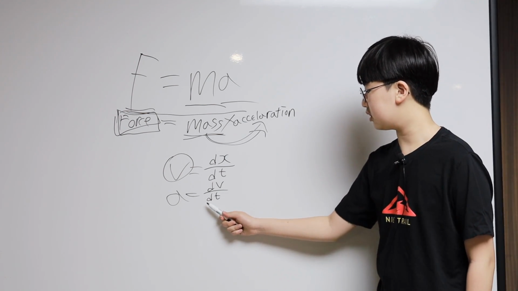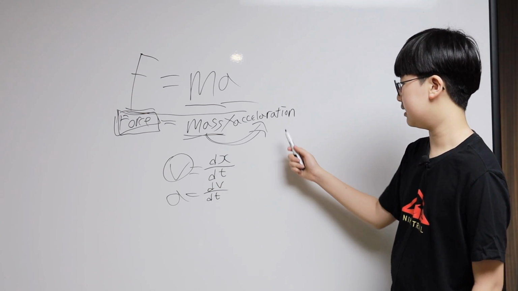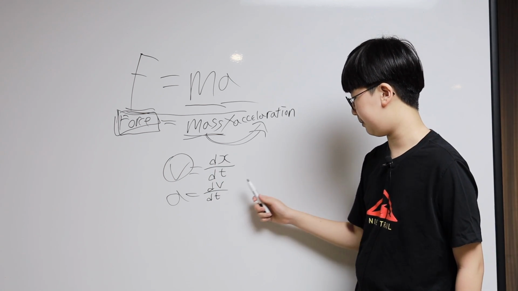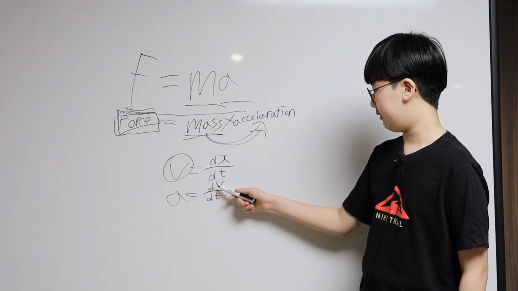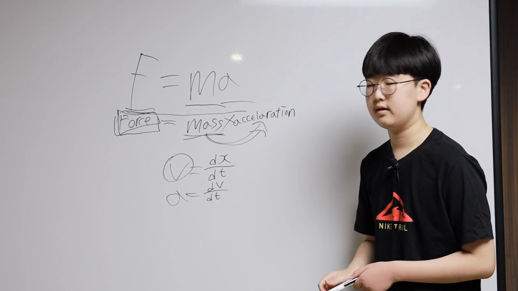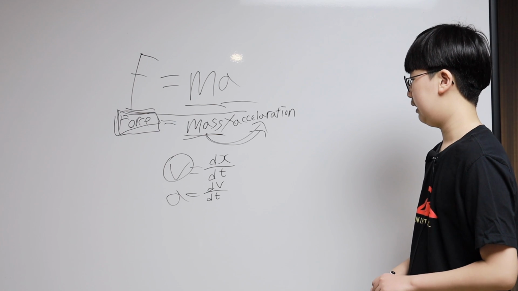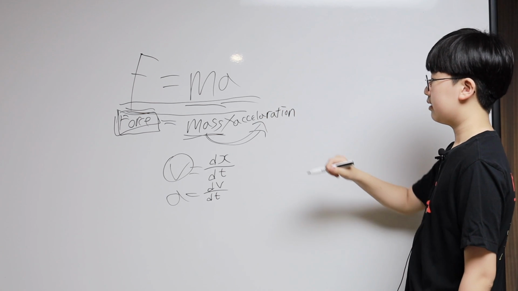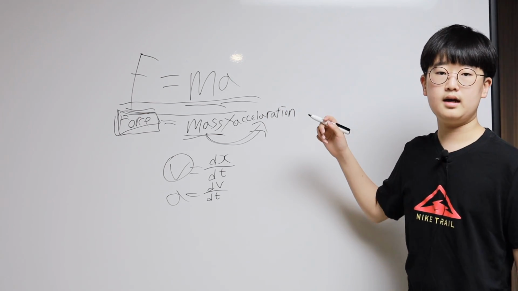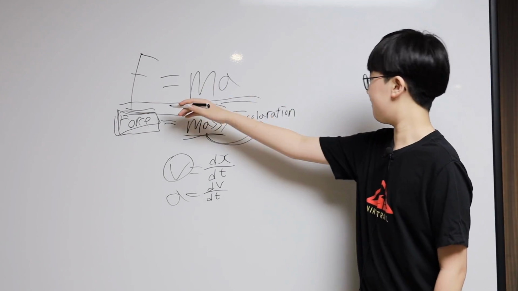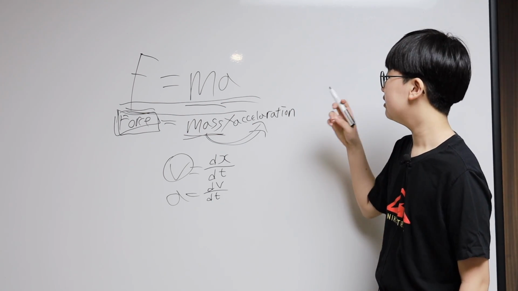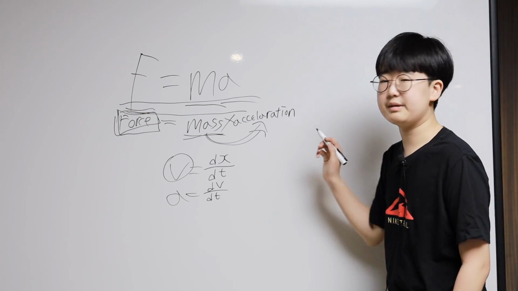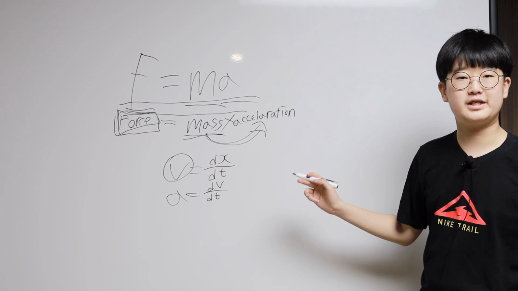So as time passes, the distance changes, and as time passes, the velocity changes. Now that's done, we're gonna look at this again. I think you basically got what F equals ma is. Force makes mass accelerate, but it's a basic thing of physics.